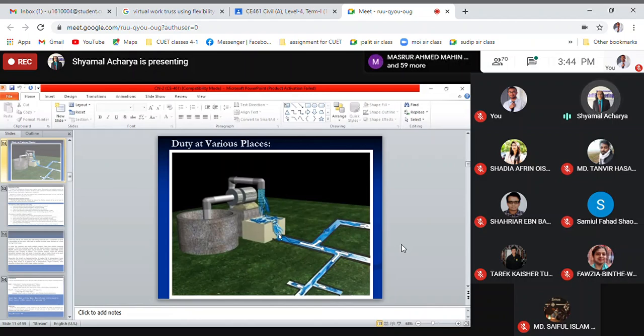So duty will be less here, duty will be more there. You are calculating with respect to the amount of water available here. But at this zone, it is moving with a canal system. Okay. So duty will be different at different locations, and just before the crop field, you will get more duty compared to the water source location.